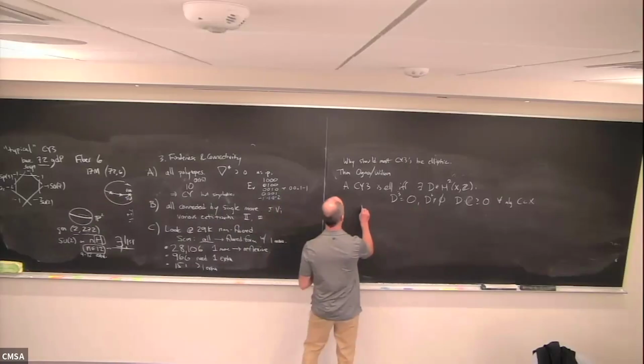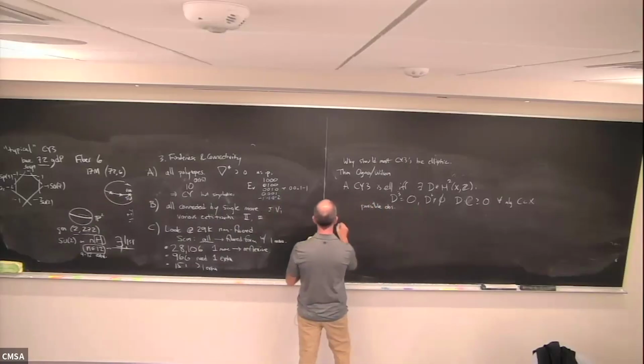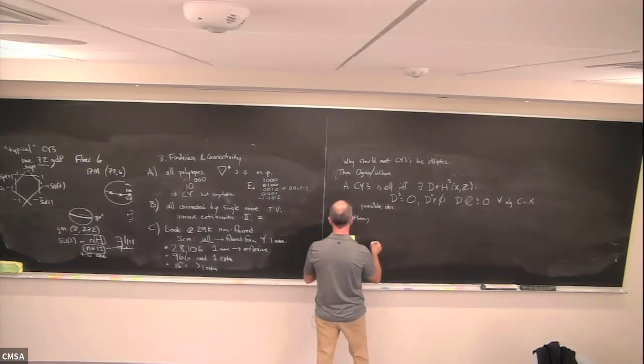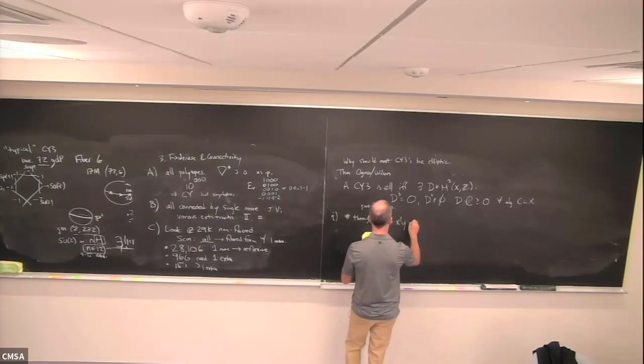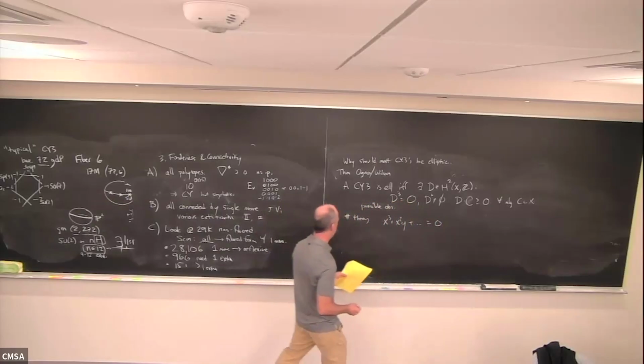So what are the possible obstructions? The first possible obstruction is number theoretic. We have some random cubic. Can we solve that over Z or Q?